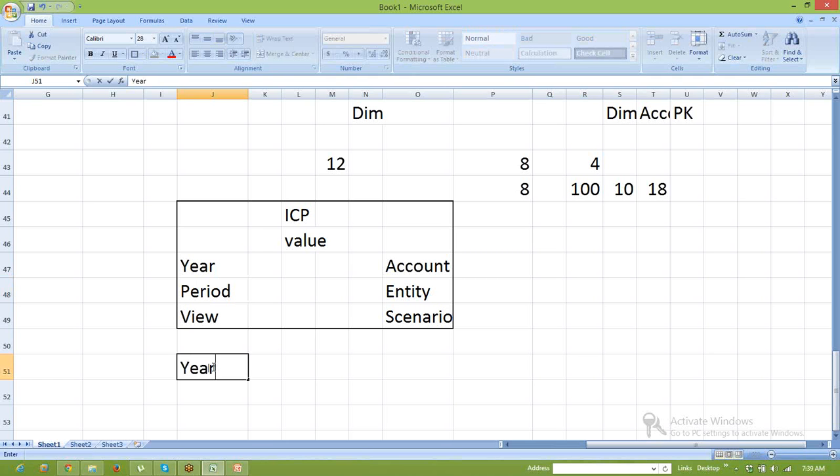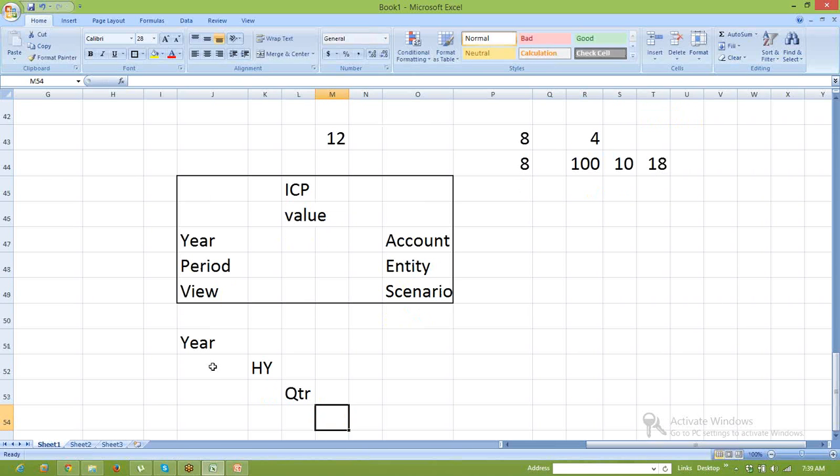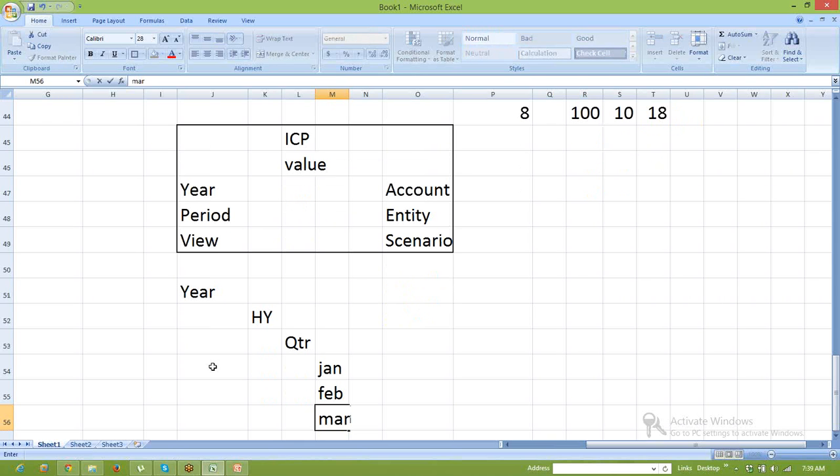Like year, half year, quarter, January, February, March. So how you are maintaining your period dimension. In the period dimension you will be maintaining your monthly information, how you are going to load, and that hierarchy structure needs to be maintained. And the year dimension is the total number of years that you are maintaining.